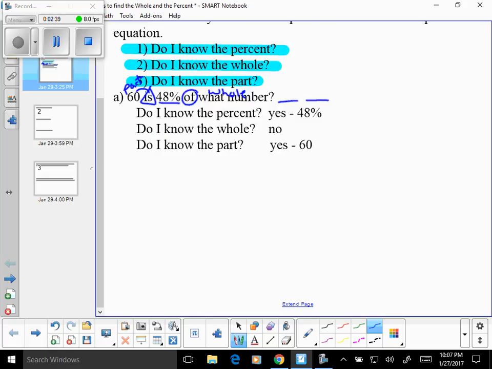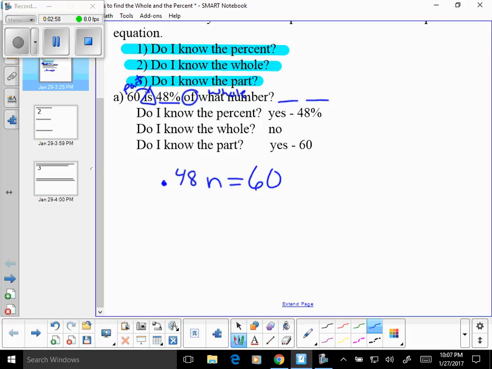Now I'm going to use that percent as a decimal or a fraction times the whole. I don't know the whole. It's going to be a variable. Equals, remember is also means your equals is coming, 60.